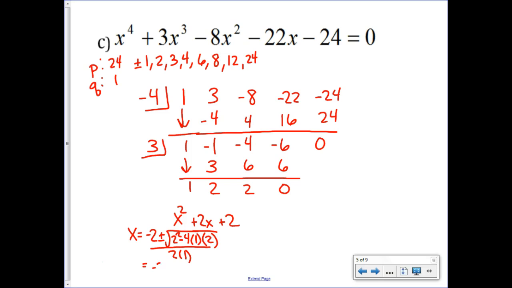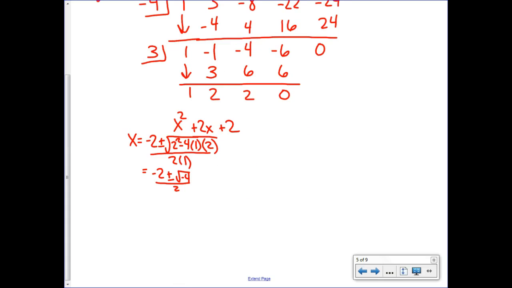So I get negative 2 plus or minus, so I get 4 minus 8, square root of negative 4 over 2, we know the square root of negative 4 is 2i over 2.